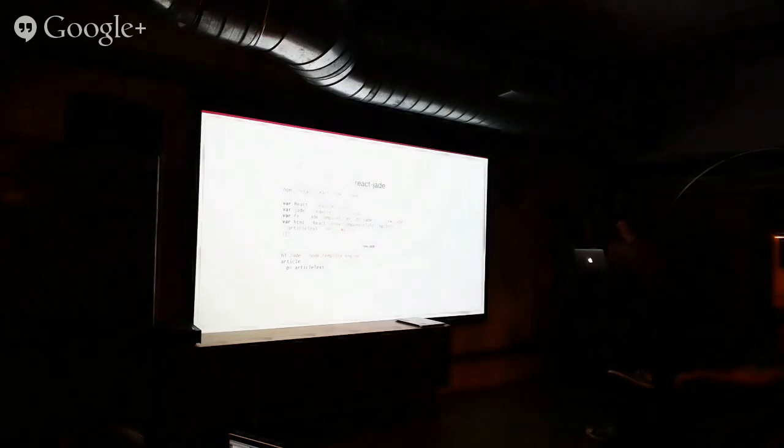So given the Jade template at the bottom there, with the heading and the article and paragraph, we get HTML output that looks like this. So not quite what we had with the original Jade. This is just giving us the HTML with all of React's extra attributes in. So that's the React IDs and that checksum that was talked about earlier.